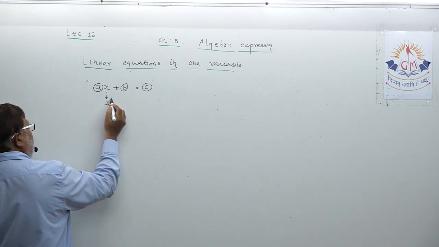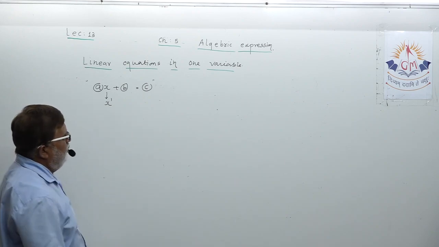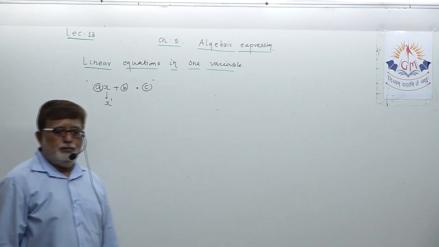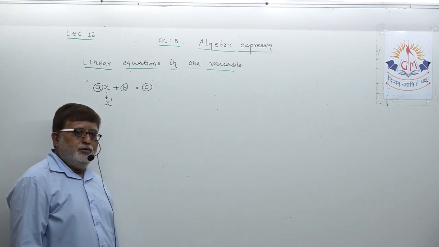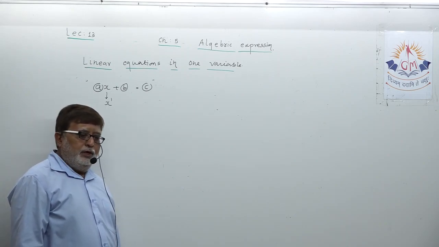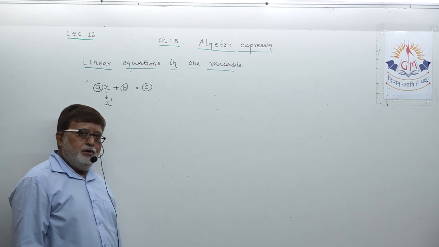And if you see the power of x, it is 1, that's why this is called linear equation in one variable.